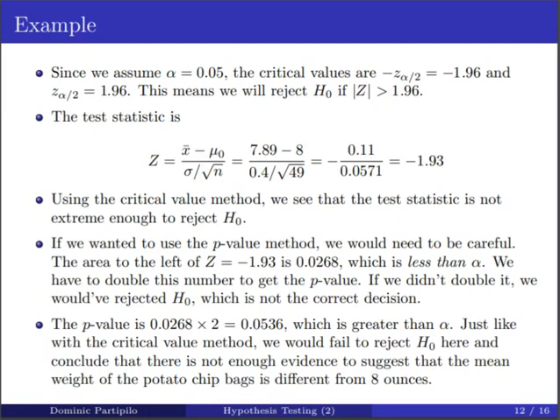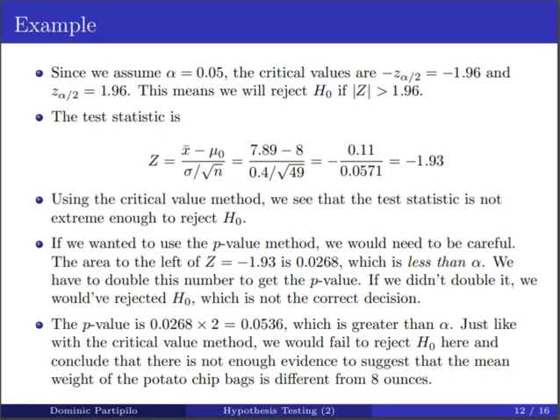This is nothing new. So the test statistic here is the same old formula we've had from before. We take x bar minus the hypothesized mean, divide by sigma over the square root of n. And when we do that, we're going to get negative 1.93.